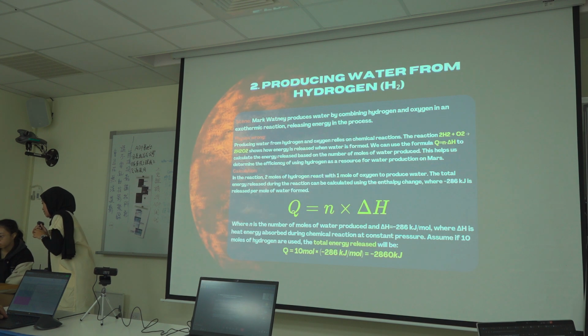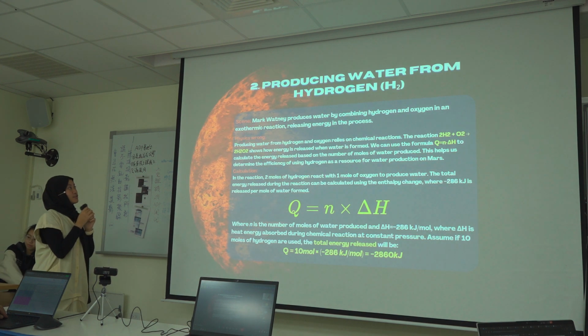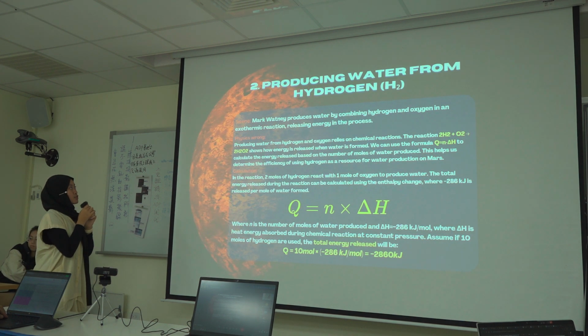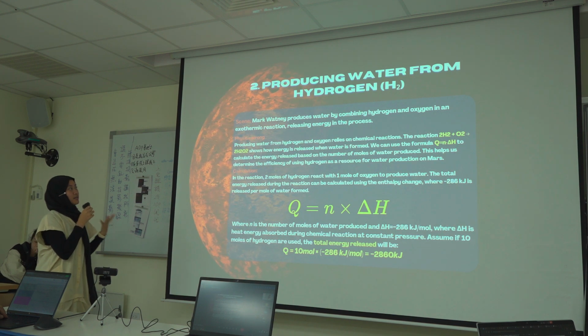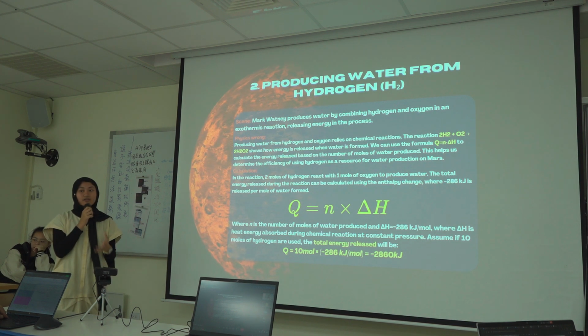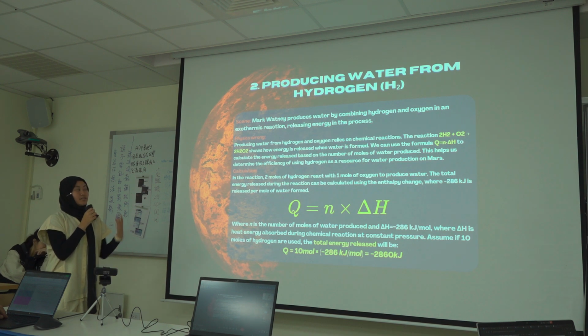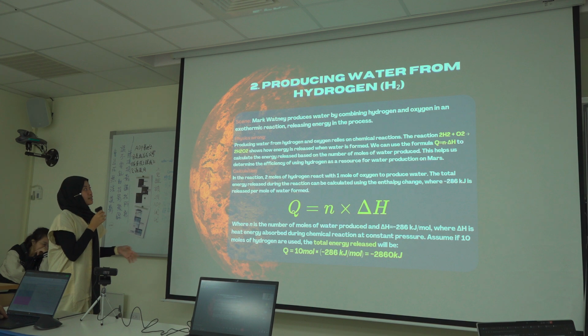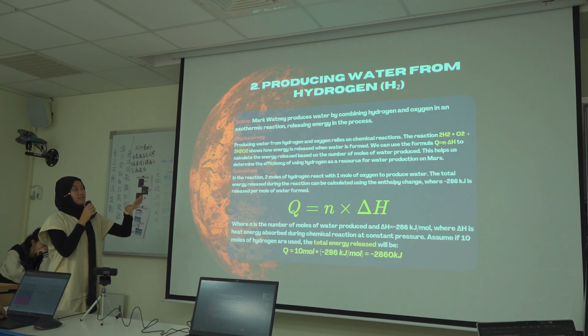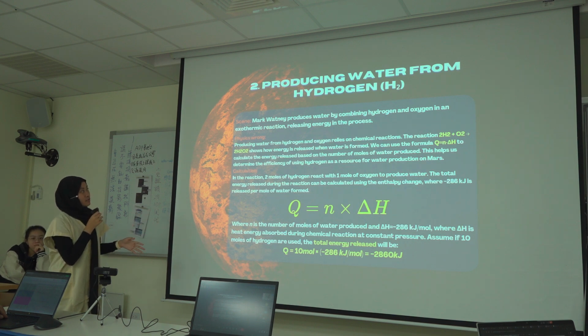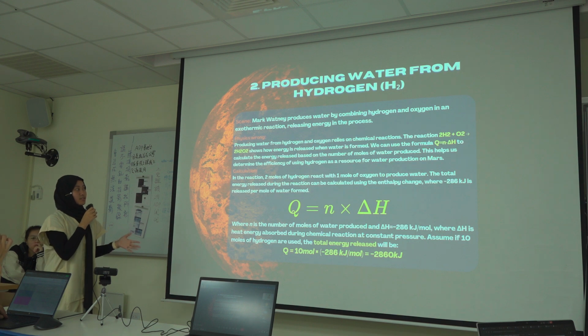The next problem is producing water from hydrogen. He produced the water by combining hydrogen and oxygen in an exothermic reaction that releases energy. The reaction is 2 hydrogen plus 1 oxygen, and this shows how energy is released when water is formed.